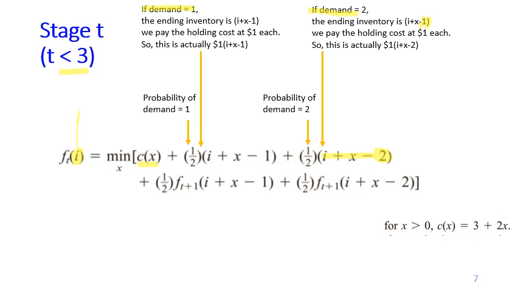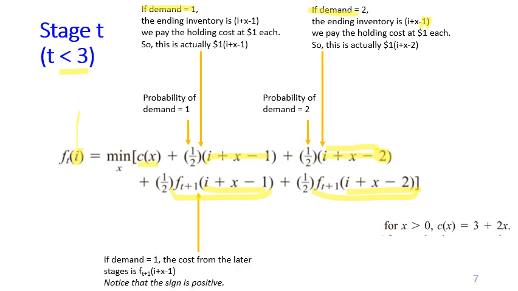Now, because the ending inventory can be this, can be that, your beginning inventory at the stage t plus 1 can be this, can be that, which means that your f t plus 1 can be this, can be that. You just cannot sum them together because those f t plus 1 are just different things.